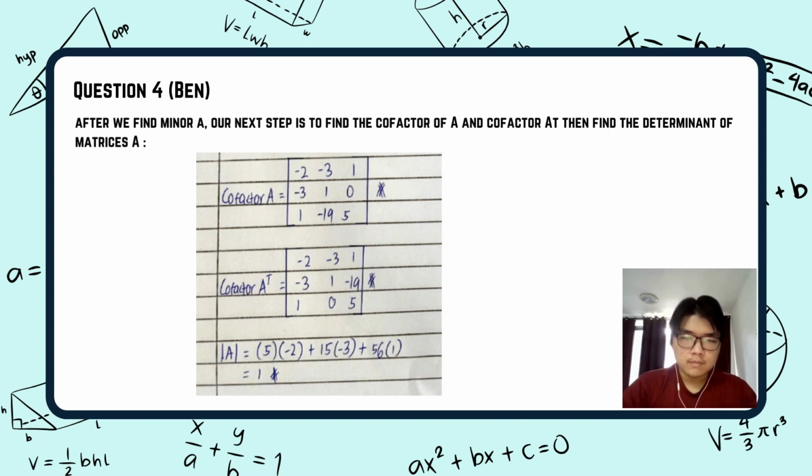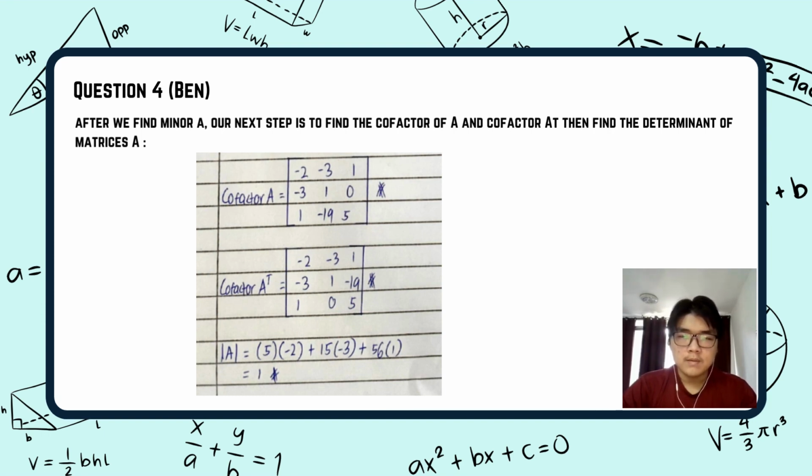Then for our middle one, it is positive. On our minor A it is positive 1, so times positive is 1. Then for 0, it is the same. Then for the third row, it is the same concept as our first row.